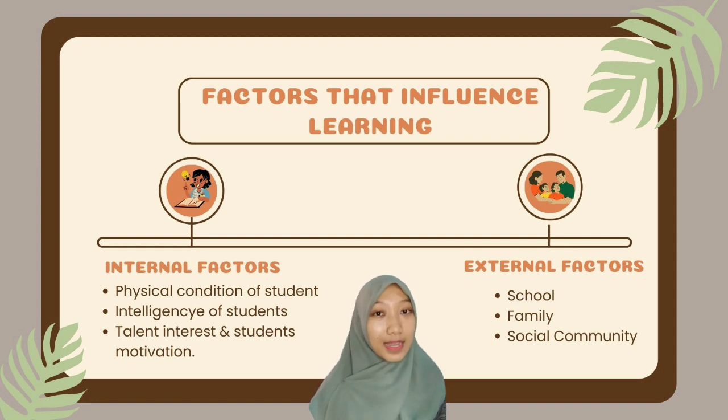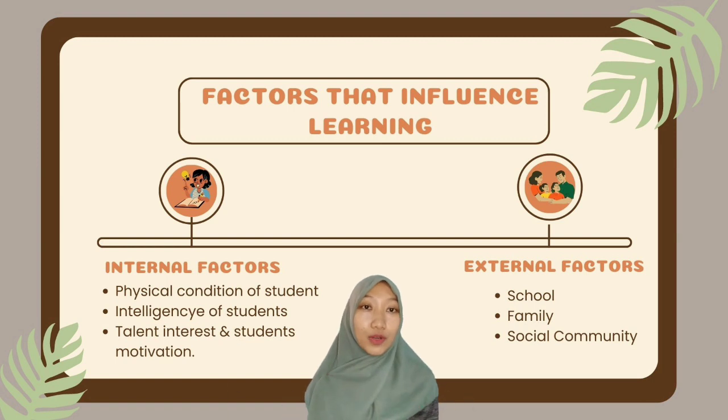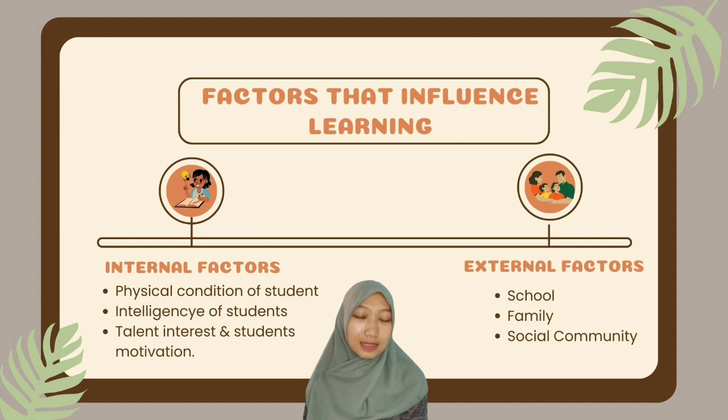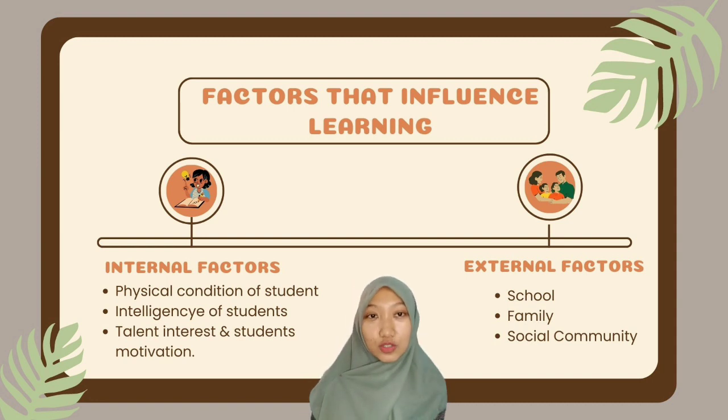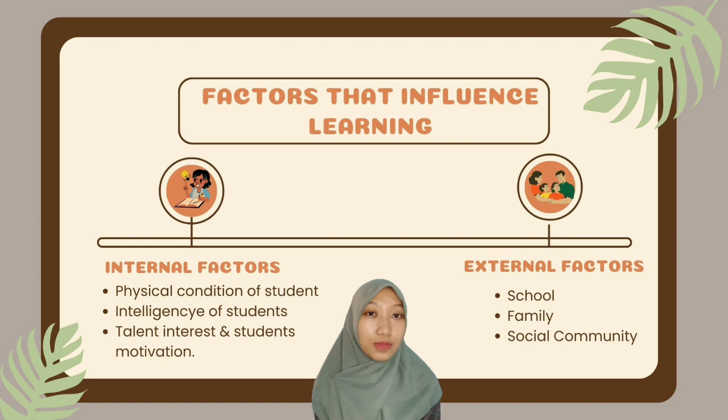Students who grow up in families with high learning awareness have the opportunity to be more successful in their learning process. The learning outcomes of these students also tend to be better than the learning outcomes of students from families that do not support the importance of the learning process.